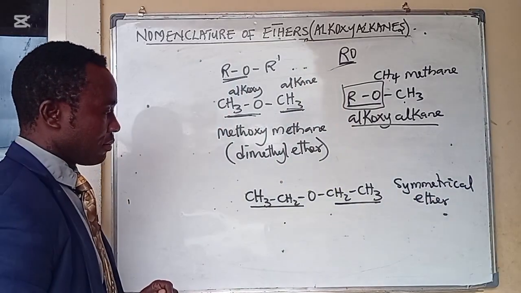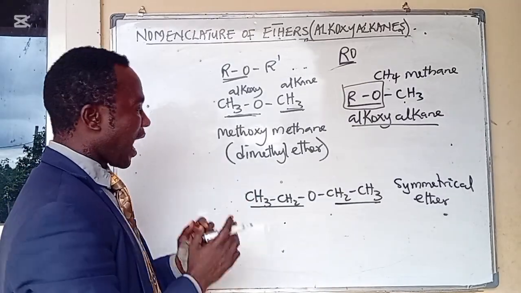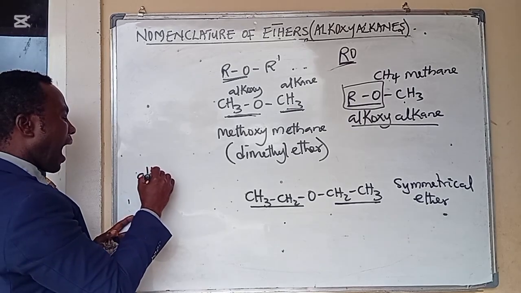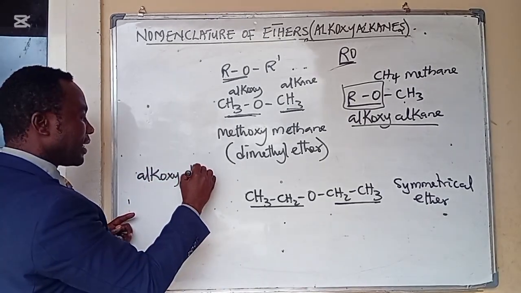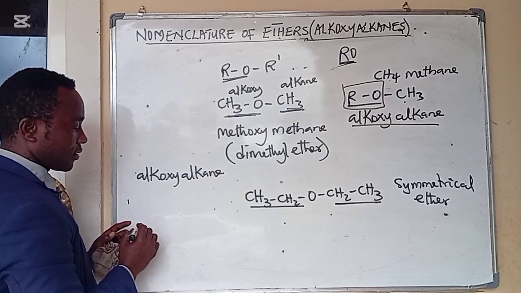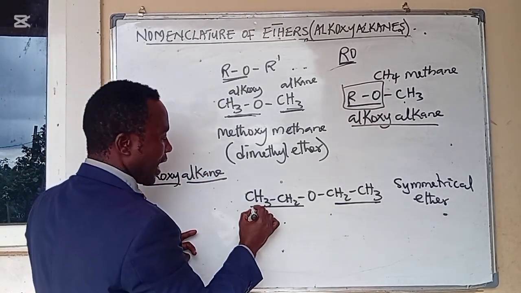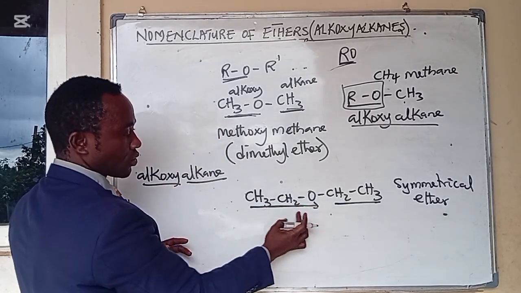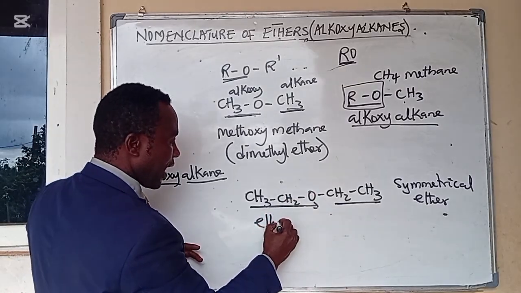Now, what will be the name? If we want to name ether, we name the alkoxy part first before we now name the alkane part. So we name alkoxy, we name alkane. Now, the alkoxy will be from here to where the oxygen is. And this is ethyl, then oxygen, that is ethoxy.